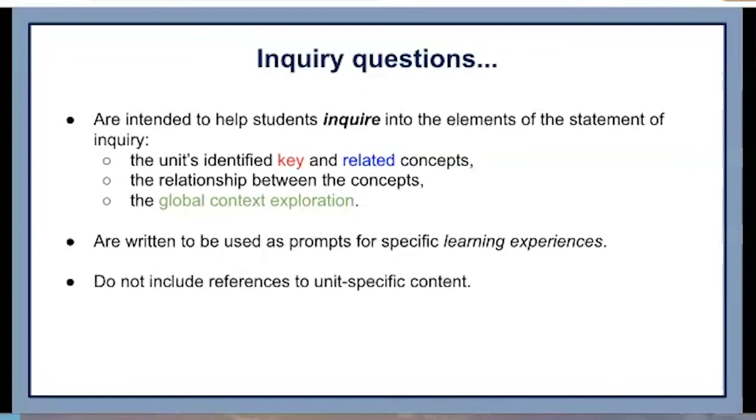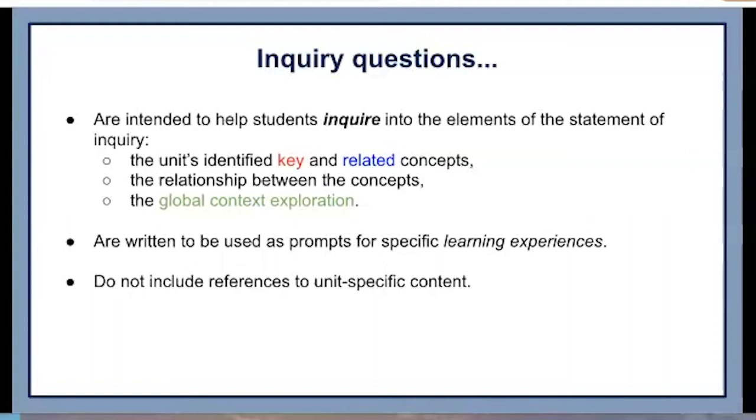And the inquiry questions identified in this section of the unit plan do not include references to unit-specific content. So remember that the content-based questions can be identified in the learning experiences section. Every question identified in the inquiry section should help students understand and unpack each element in the statement of inquiry.